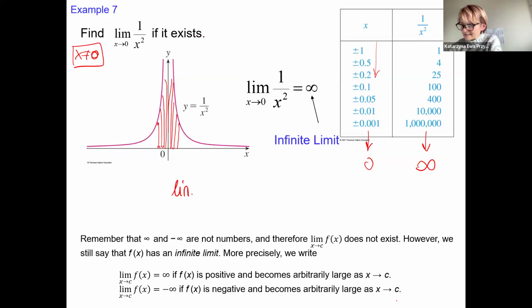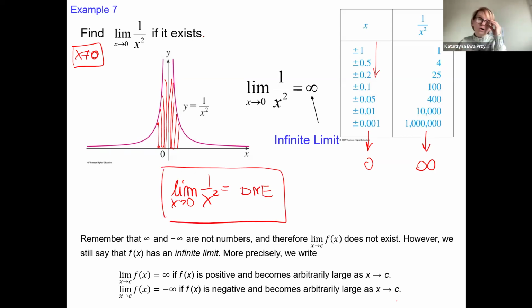If you answer, don't get confused. If you say that this limit does not exist, it's still a correct answer, because it does not exist as a finite number. And now the justification is this.